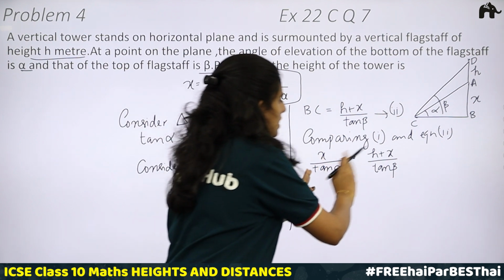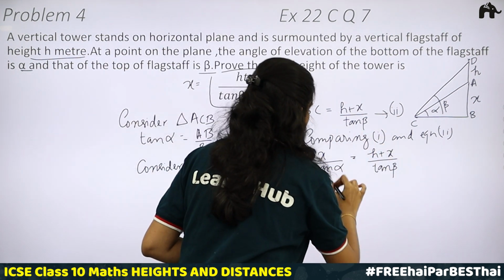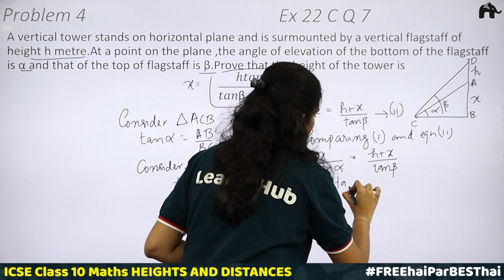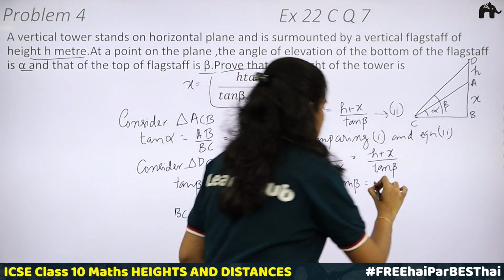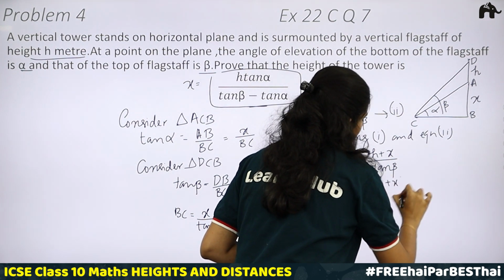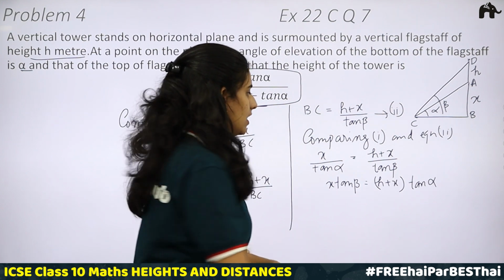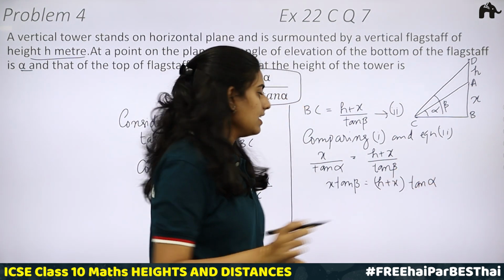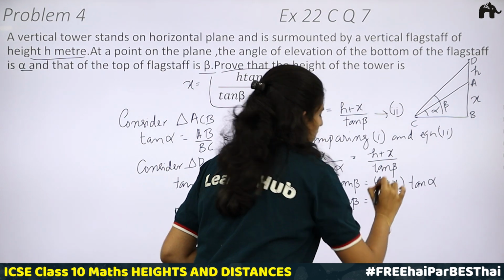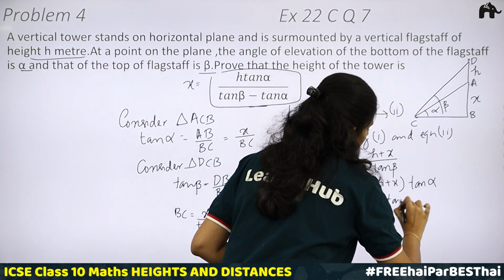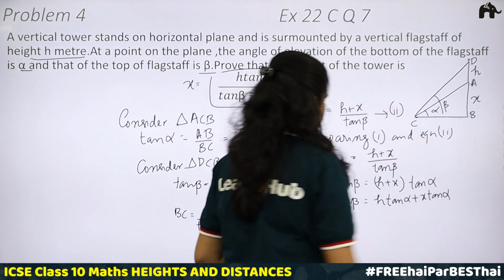In both these terms we have x. Now what I am doing is I am crossing. We get x tan beta equal to, this part goes here, h plus x into tan alpha. Now removing the brackets and multiplying, we get x tan beta equal to h tan alpha plus x tan alpha.